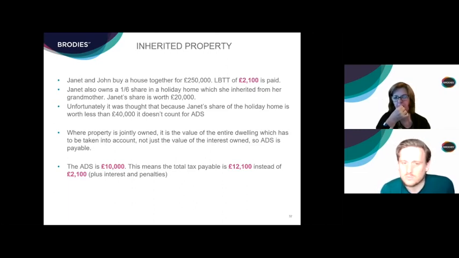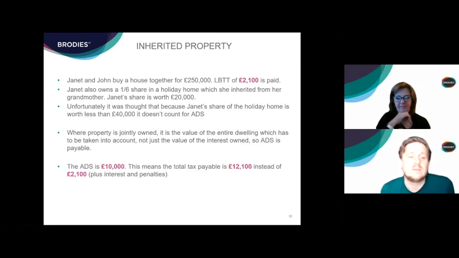The holiday home's value is 120,000 and Janet's share is worth 20,000. I think most people are of the view that because Janet's share is worth below 40,000, that threshold isn't crossed and therefore the ADS doesn't apply.